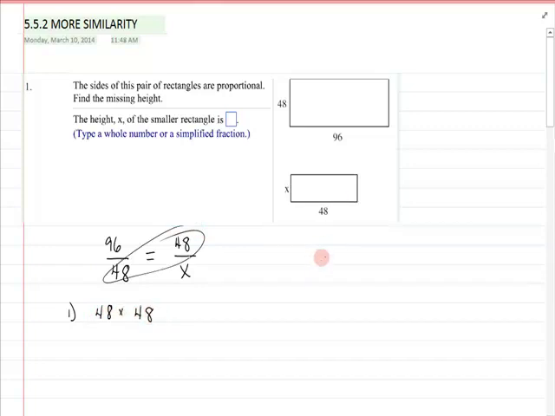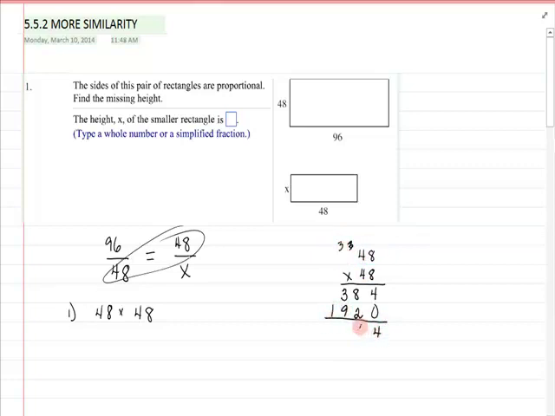48 times 48. 8 times 8 is 64. Carry the 6. 8 times 4 is 32, and 6 more is 38. 4 times 8, placeholder 0. 4 times 8 is 32. Carry the 3. 4 times 4 is 16, and 3 more is 19.